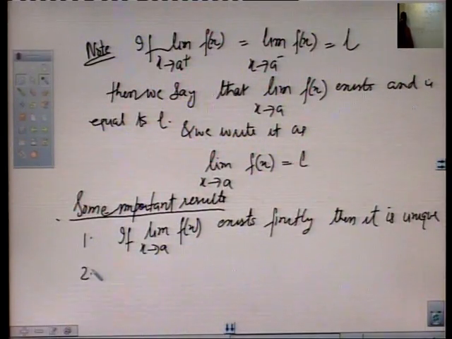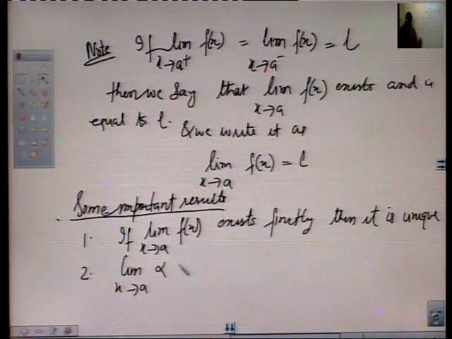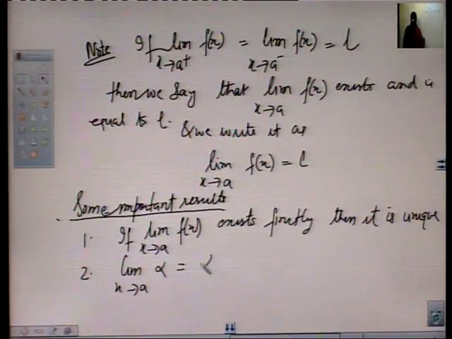Second point, limit of a constant number alpha is equal to alpha, where alpha is a fixed real number.